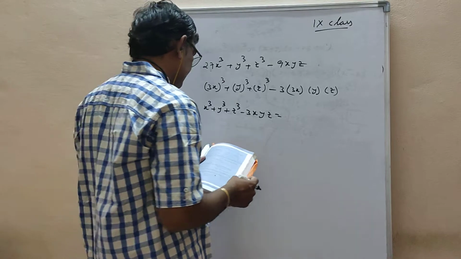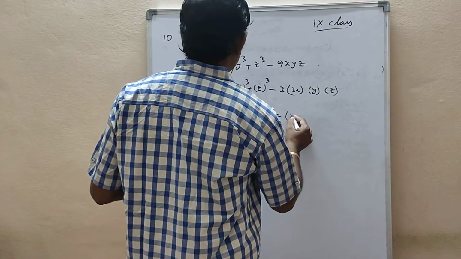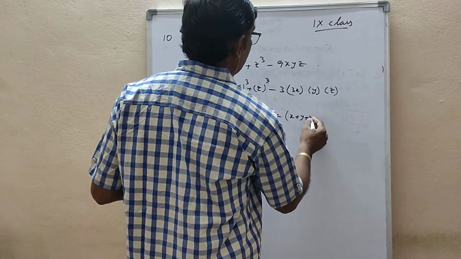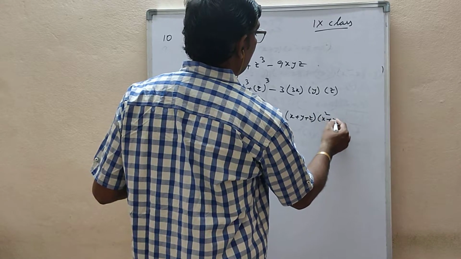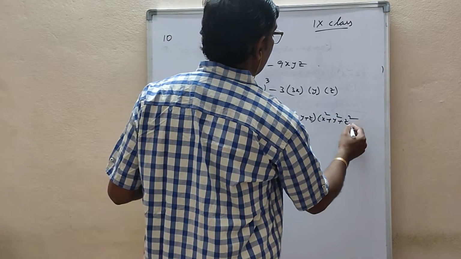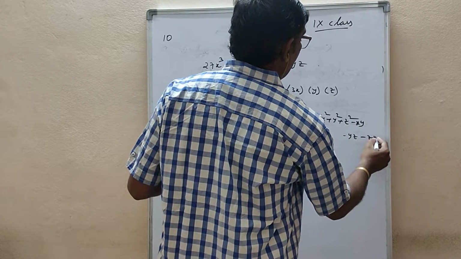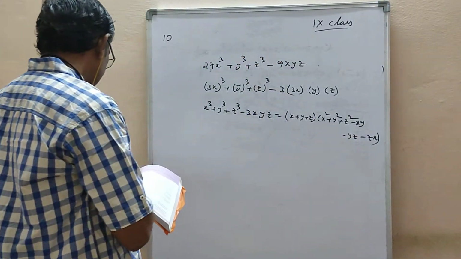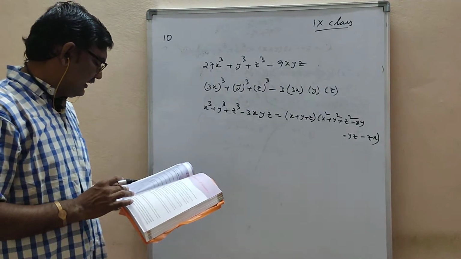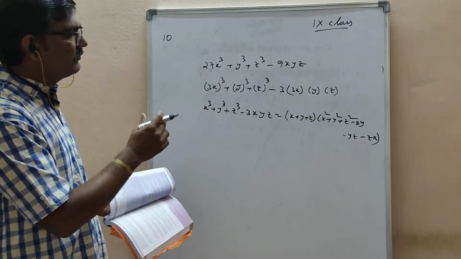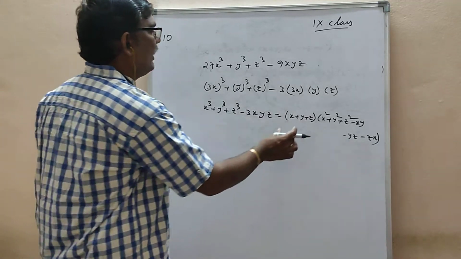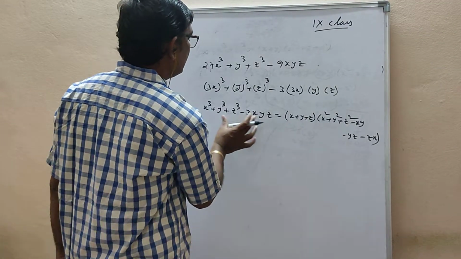What is that identity? (x plus y plus z) into (x square plus y square plus z square minus xy minus yz minus zx). So it is the identity. If you multiply this with this one, you will get this one.